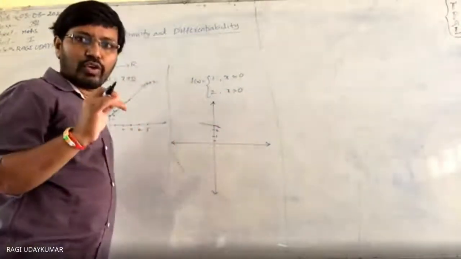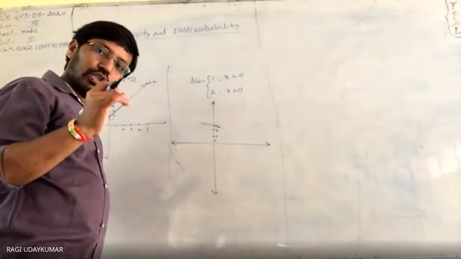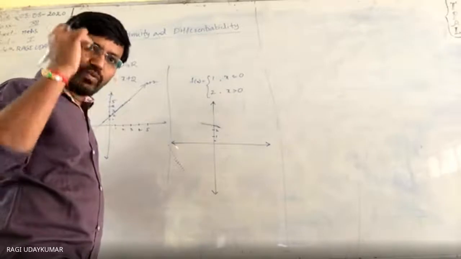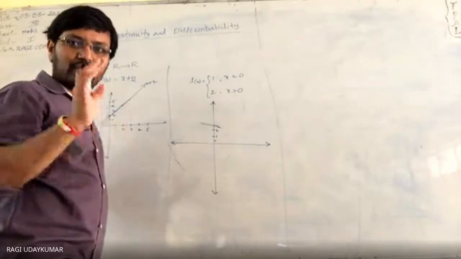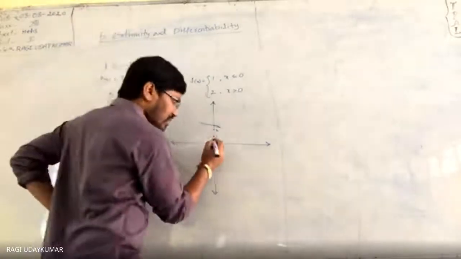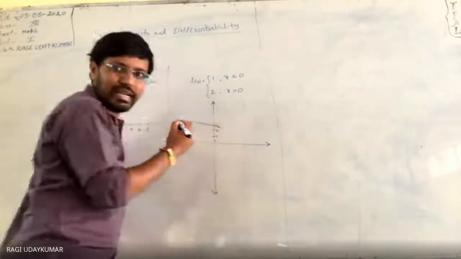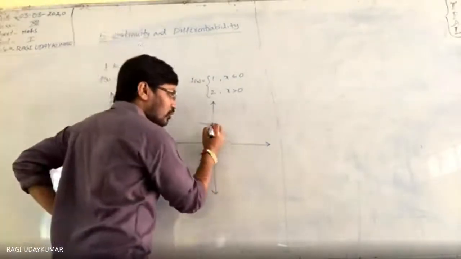At the place of 0, it is 1. But 0.00000000001, if you take, it is 2. That means if you take a point a little on the side of 0 and take that value, it will be 2.